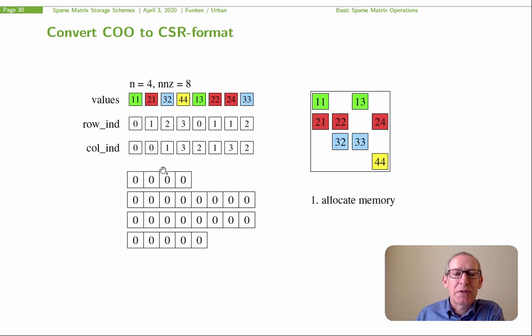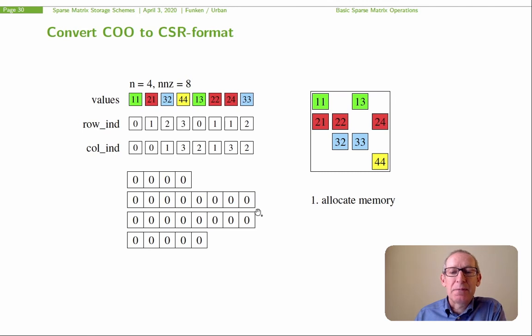This will be the memory for storing the values, the vector for storing the column index, and this will be the row pointer. And we need some work vector, which is more or less the size of our pointer size. So if the matrix is n times n, this would be n plus 1, this would be n, and these both vectors of size z, the number of non-zero entries.